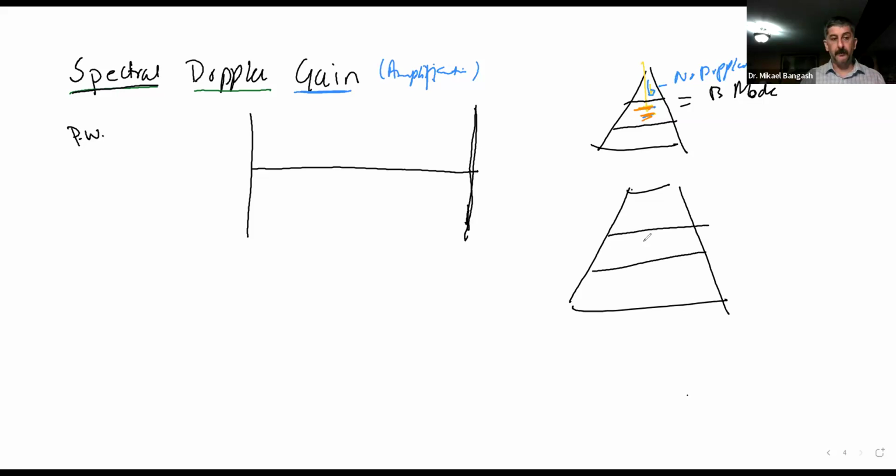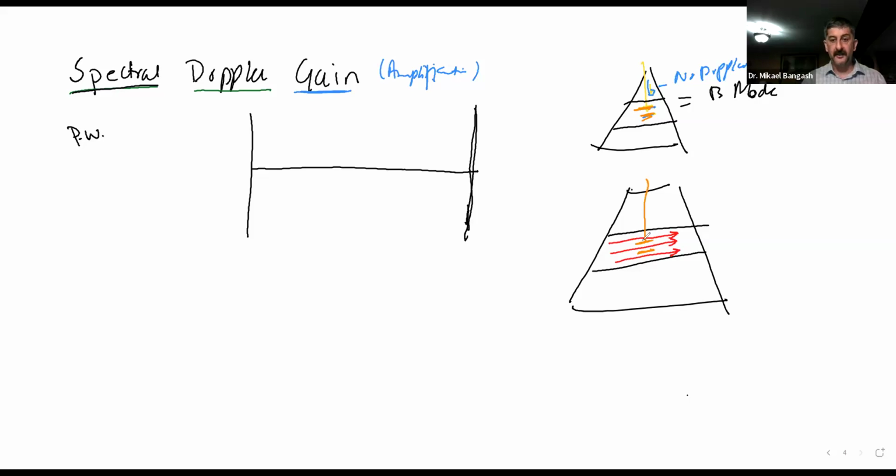When you see the blood vessel like this, you will assume that if it's a laminar flow, it'll be flowing something like this, right? Did that make sense? Good. Now the thing is, how do we arrange our sample window or sample volume?